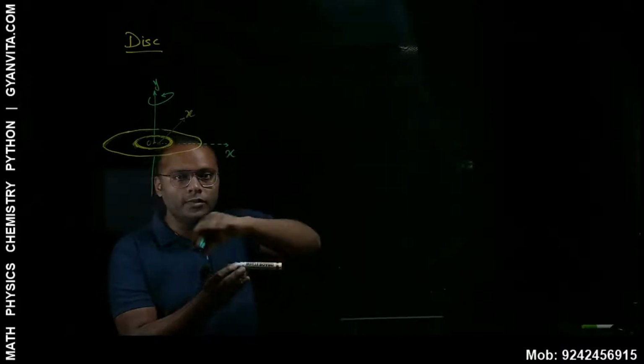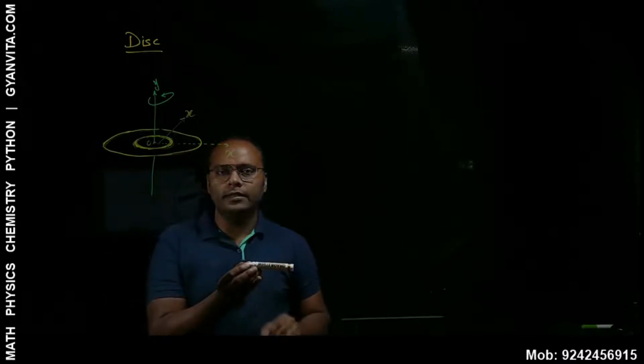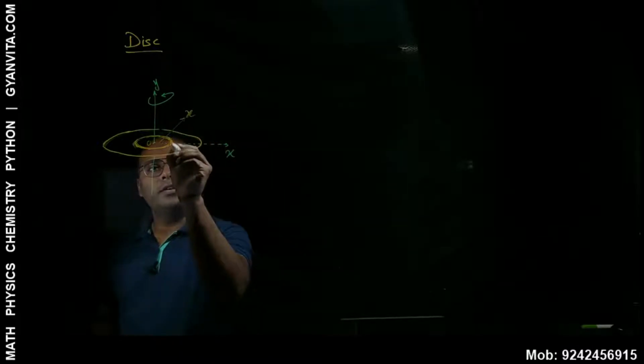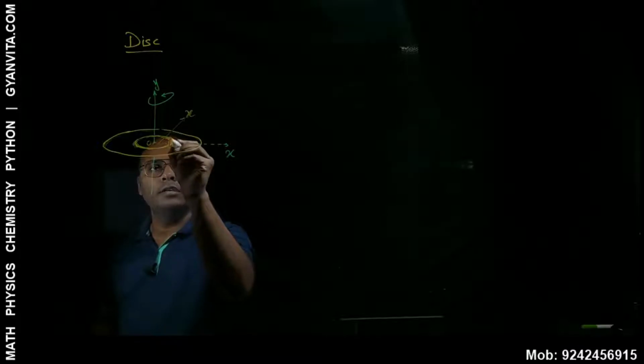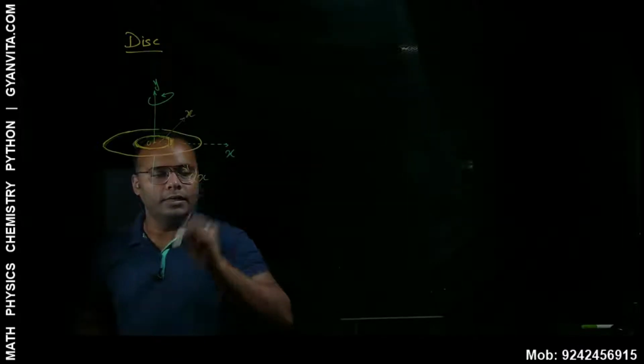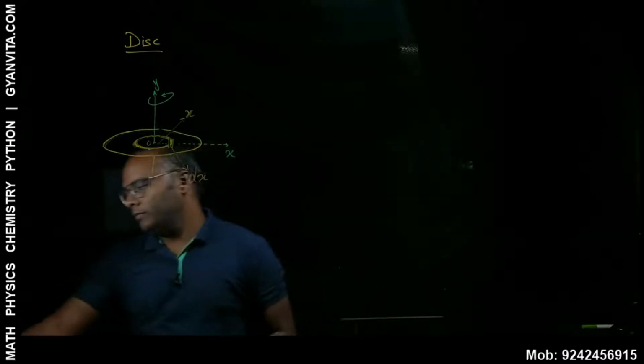That slice of the disk will be nothing but a ring, and it will have some thickness. Let us say that thickness is dx. So dx is the thickness of that circular part of the disk.